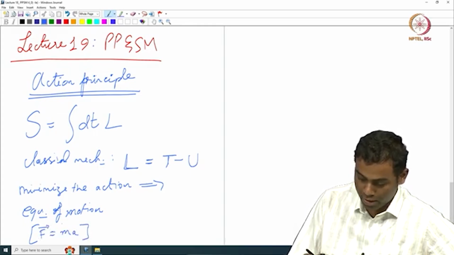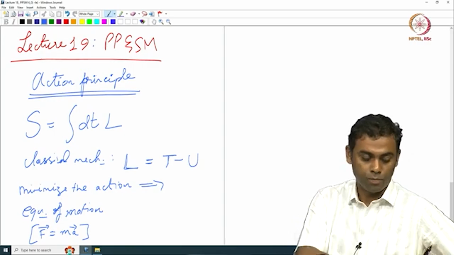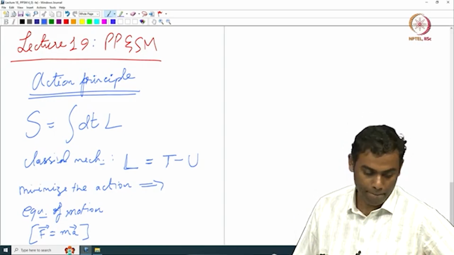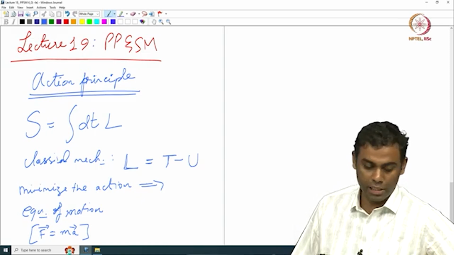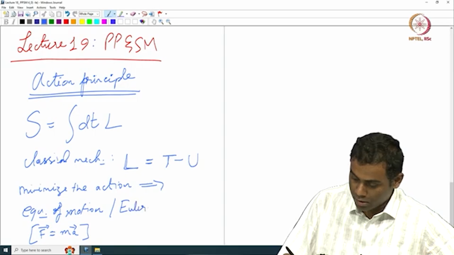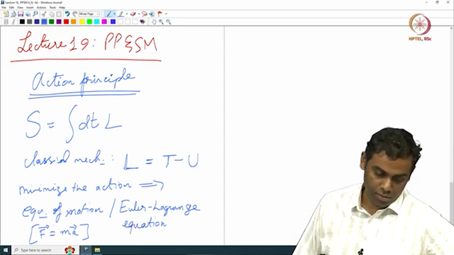Go ahead and work this out again. Take a simple case, put in a potential energy and convince yourself that this is true, right? And what is an equation of motion also called? The Euler-Lagrange equation, correct?